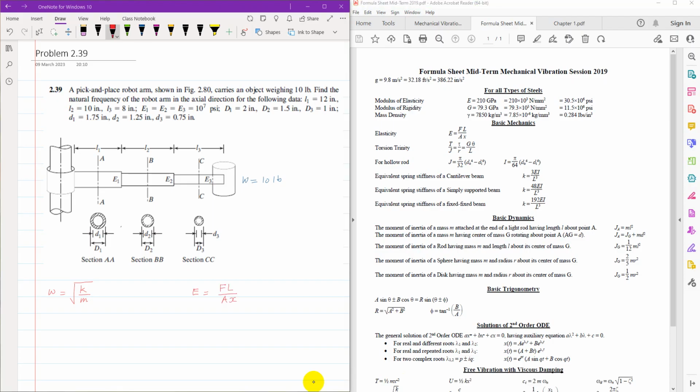E is FL over AX, and in this case we can find its stiffness.